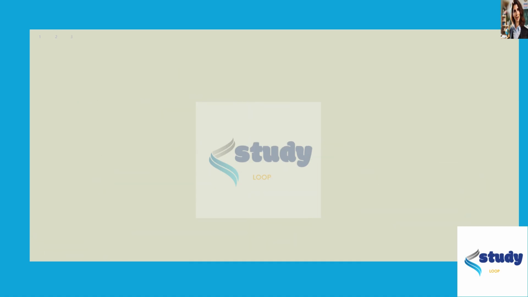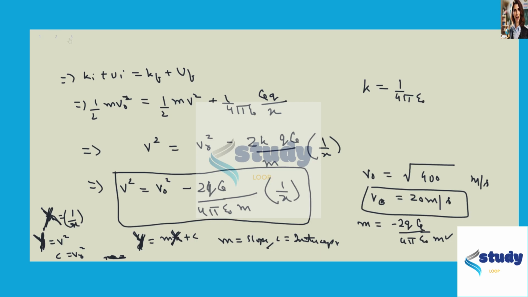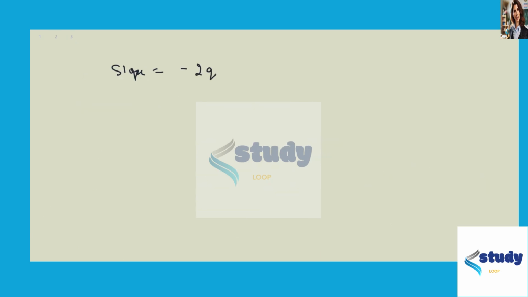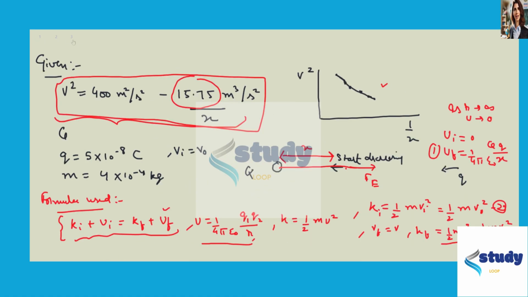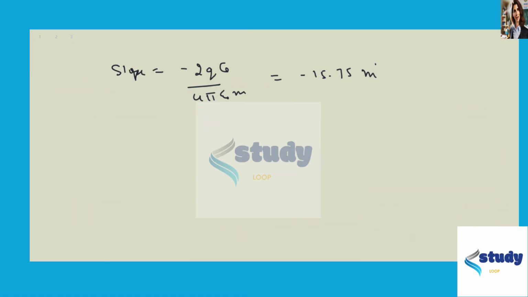All right, so let's find out the value of the capital Q. So we have slope equals minus 2qQ over 4 pi epsilon naught m, which is equal to minus 15.75, and this has units of meter cube over second square.